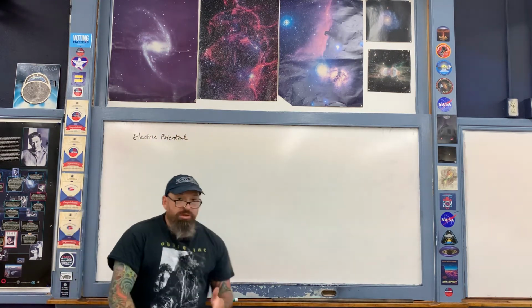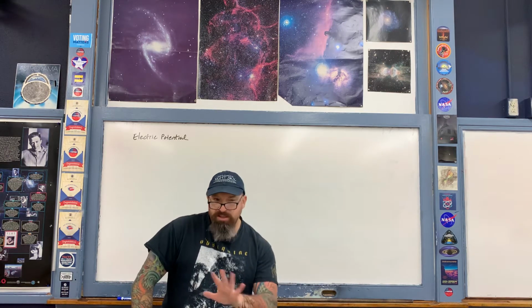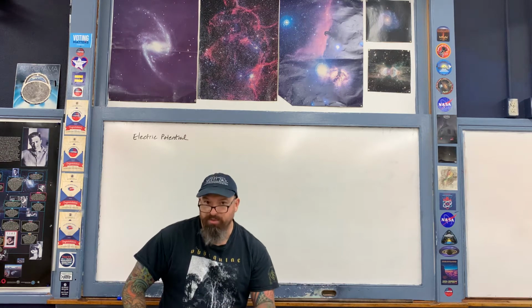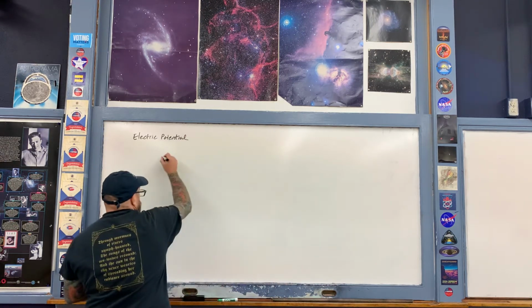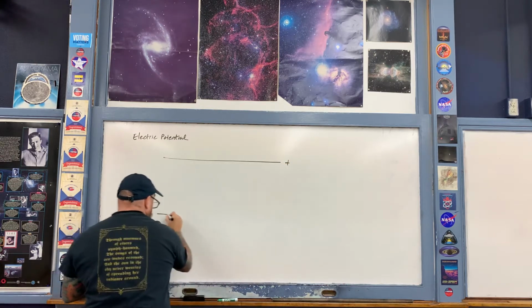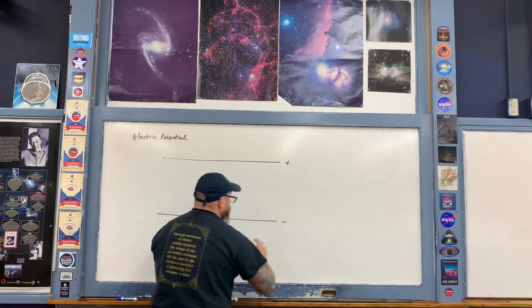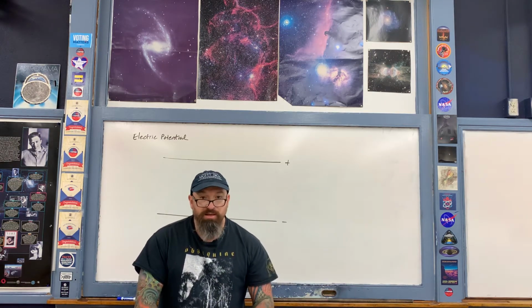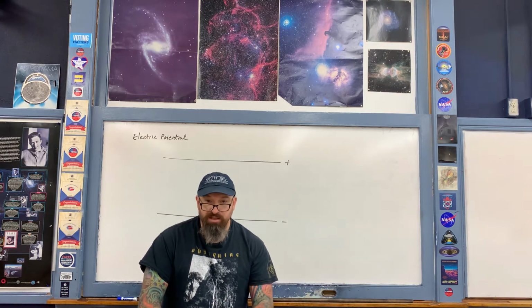So what I'm going to draw here is a constant electric field. The easiest way to think of it is in the context of a parallel plate capacitor. So let's say that right here is a positively charged sheet. Right here is a negatively charged sheet. And then recall from earlier in Gauss's law that in the space between the two plates of a parallel plate capacitor, you have a constant electric field.